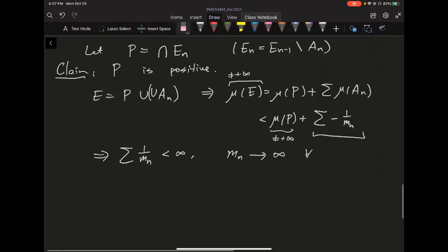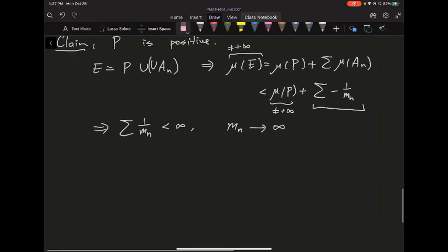Because Mn is going to infinity, as I move along this En, if I want to take some negative measured subset, then this negative measure is going to get closer and closer to 0. That's essentially what Mn going to infinity is telling us.